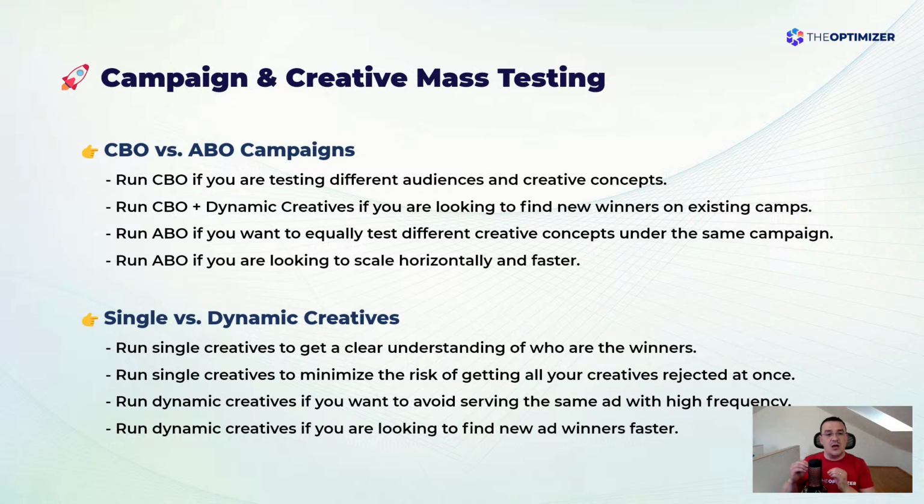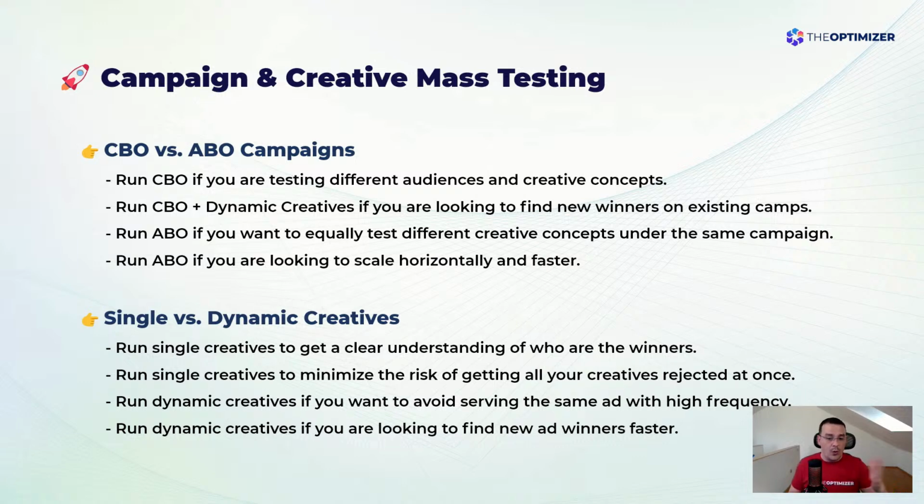However, when we're organizing creatives on different ad sets, keep in mind that the audience one ad set is serving might be slightly different from the audience that the other one is serving. Or you can do CBO and dynamic creatives, which I only heard today is going away this month, but until it is, and at least this is something that has been working so far, it's useful if you're looking to find new winners or better creatives on existing campaigns.